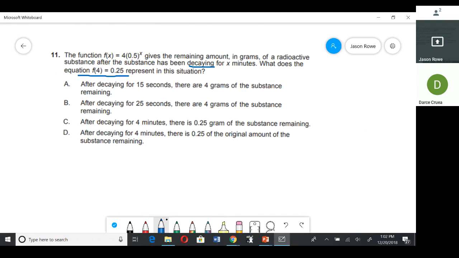So this is a rate of decay problem. We just talked about a rate of growth problem, so it's kind of similar. Okay, so since we have f of 4, that just means that in the place of x, we put a 4.